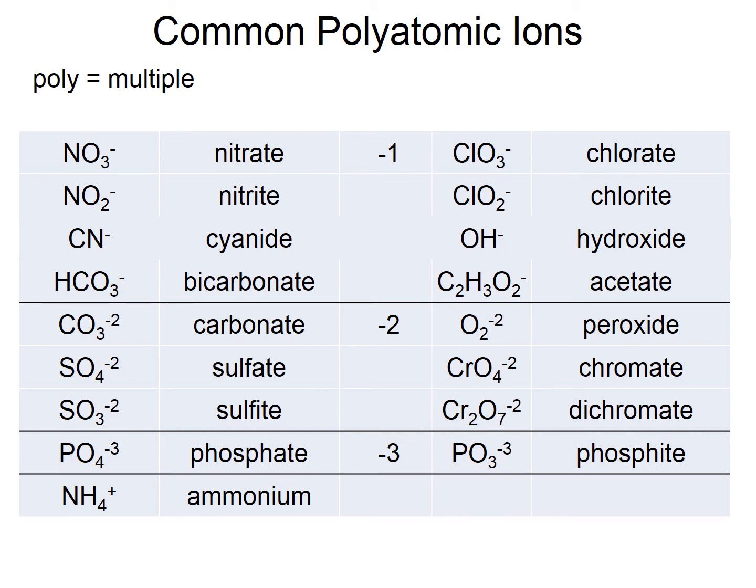And so when they get into forming a larger compound, they form much more like ions than they do like molecular compounds. So we have a group of names here: nitrate, nitrite, cyanide, bicarbonate, chlorate, chlorite, hydroxide, acetate. I've organized this group by -1, -2, and -3 charges.